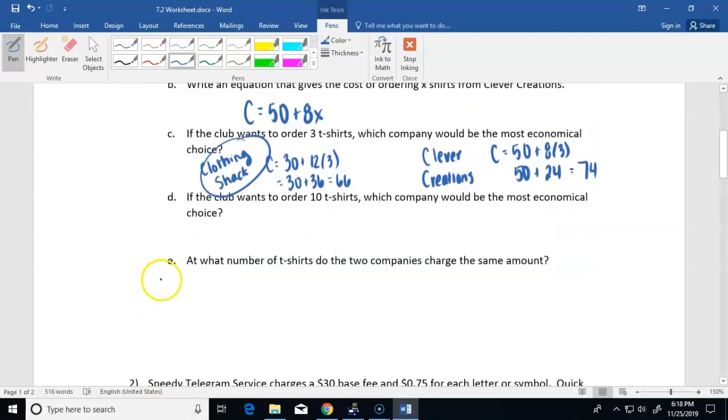For part D, it asks us the same question, but with 10 t-shirts. So I'm just going to go to Clothing Shack, continue. C equals 30 plus 12 times 10. And that's going to be 30 plus 120, which will give us $150.